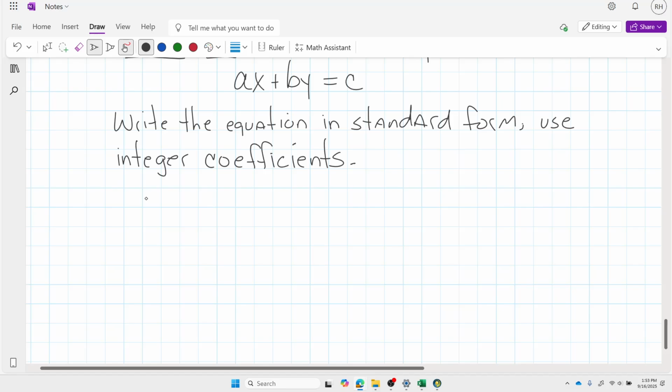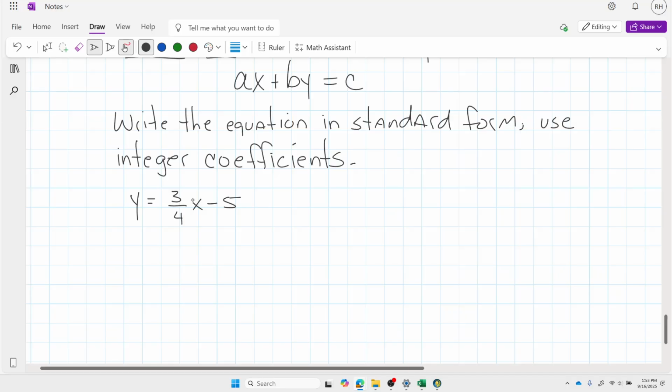So if you're given an equation in slope-intercept form, y is equal to 3/4 x minus 5, and you've got to write it in standard form, all right? Standard form is ax plus something times y is equal to c.